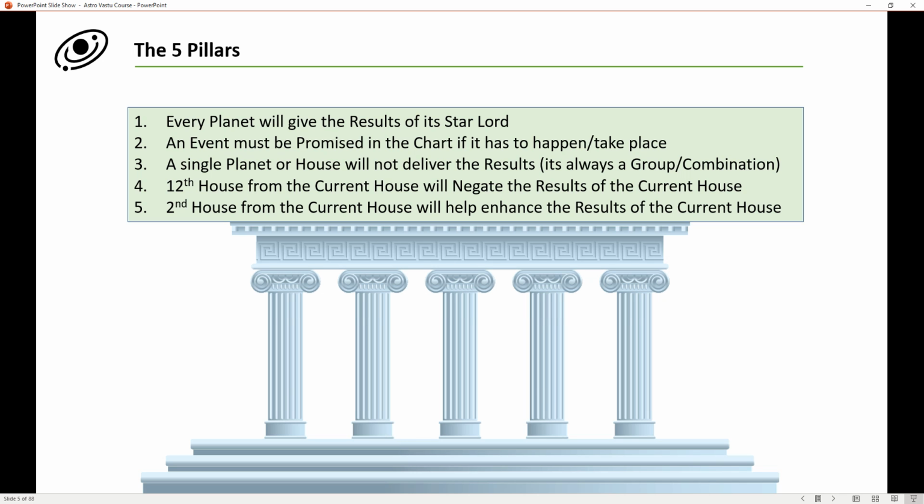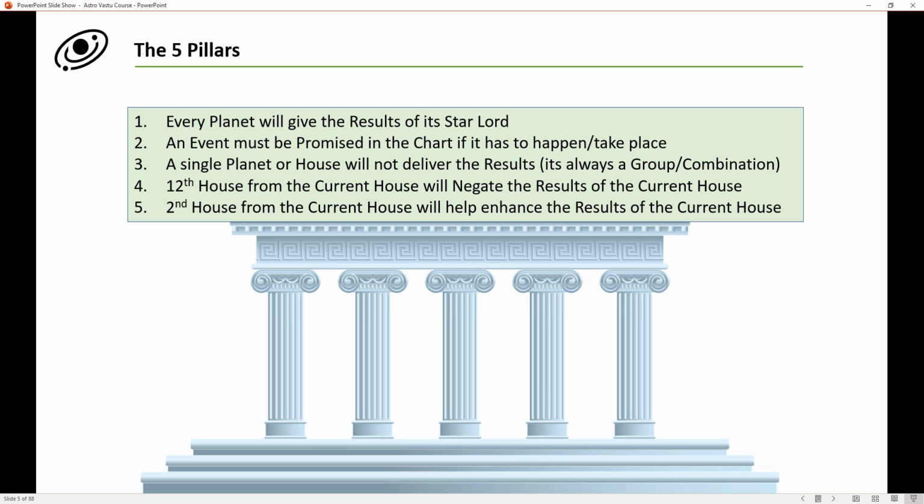So a group of houses or a group of planets will make an event happen. In the case of marriage, although the primary house is 7, we also need to consider 2 and 11 for the marriage to happen. So it's always a group or a combination of houses and planets that are required.